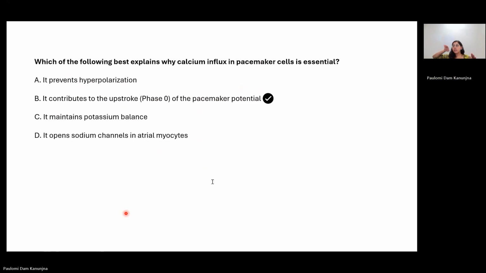It is just that until your potassium efflux is taking place, it continues to contract, right? Lastly, it says it opens sodium channels in atrial myocytes. Well, calcium influx doesn't do that. Calcium influx is only for your contraction. But there are still differences, so you need to remember it distinctly.